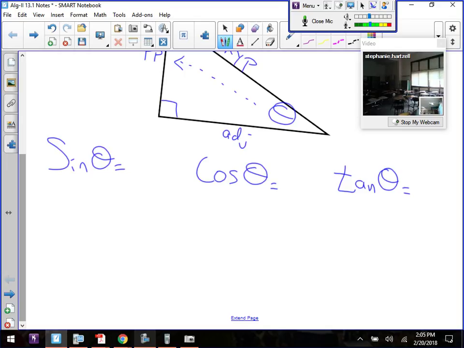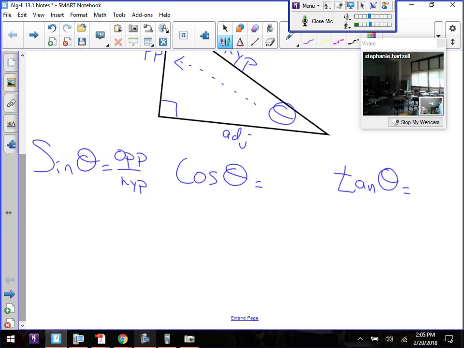When we said sine was always what over what? Opposite over hypotenuse, good. Cosine was adjacent over hypotenuse.